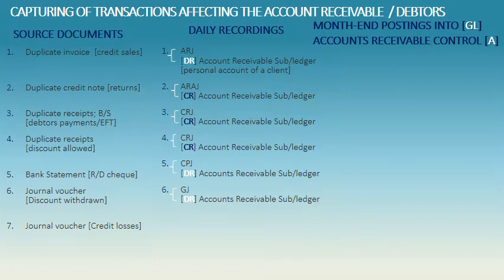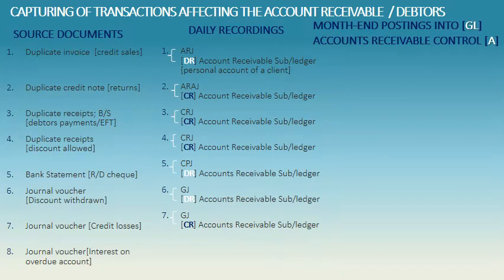Journal voucher for credit losses, being bad debts written off, will be recorded in the general journal and immediately credited to the accounts receivable in the subsidiary ledgers. Journal voucher for interest on overdue accounts of debtors will be recorded in the general journal and immediately debited to the accounts receivable in the subsidiary ledger.